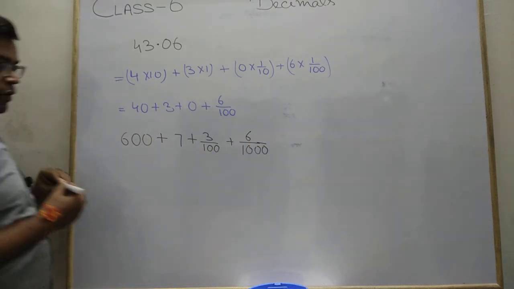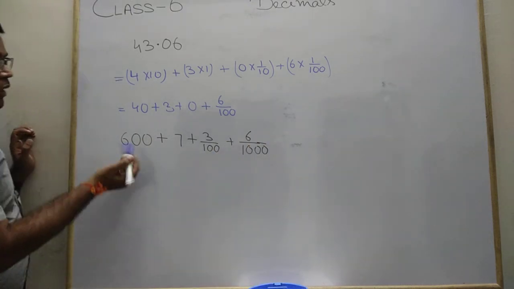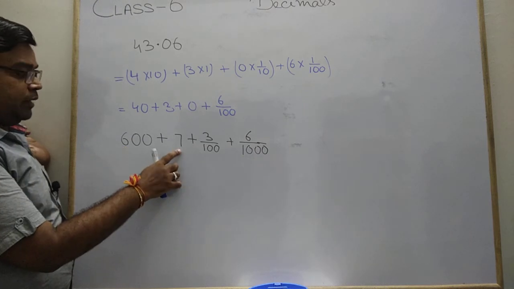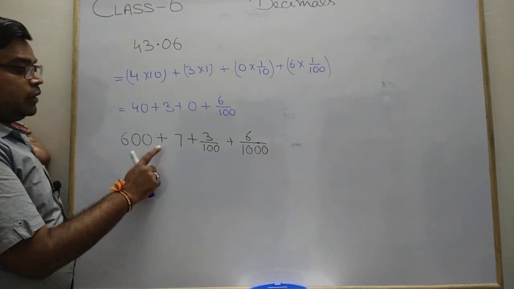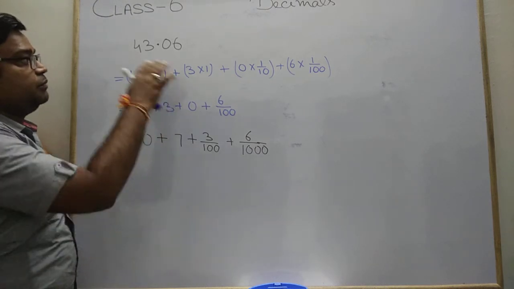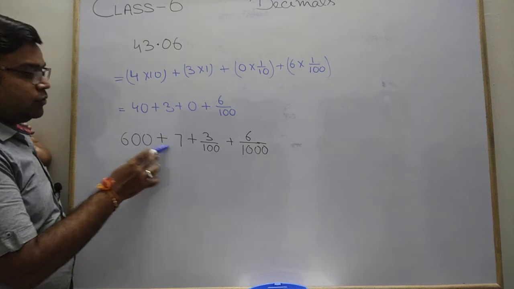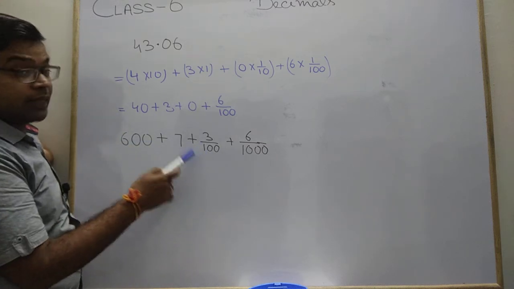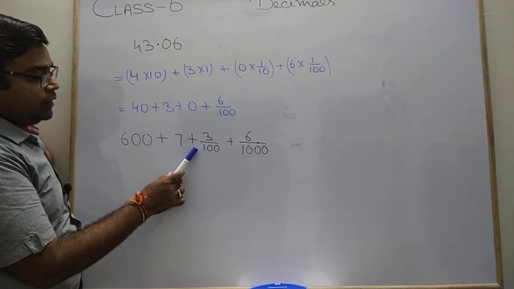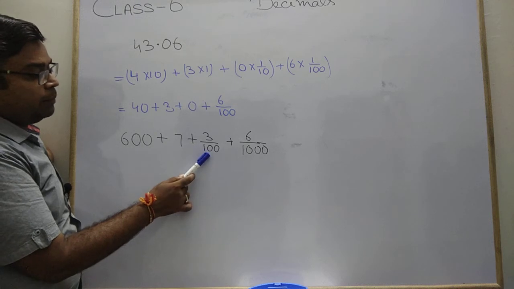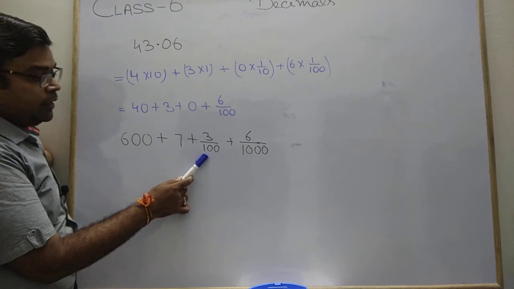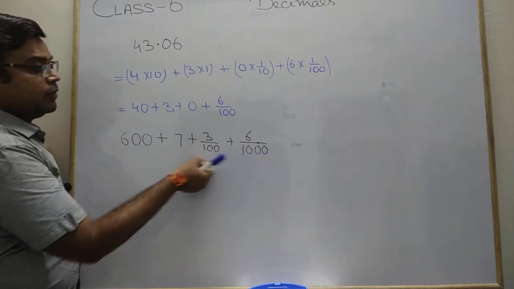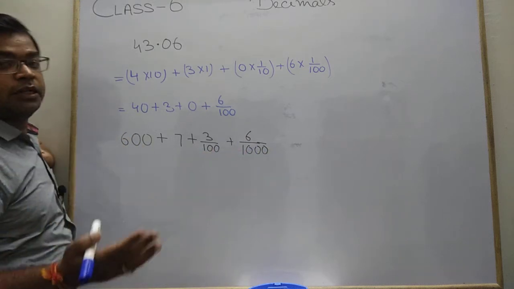From this you can easily distinguish: this is your hundreds place number 6, ones place 7, and in between 100 and 7 the tens place must be there. In this case there is no tens, so be careful. Again, there is no tenths place after the decimal, because if there is upon 100 or upon 1000 in the expanded form, you must remember that these numbers come after the decimal.